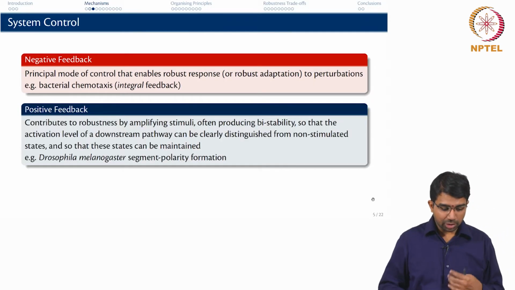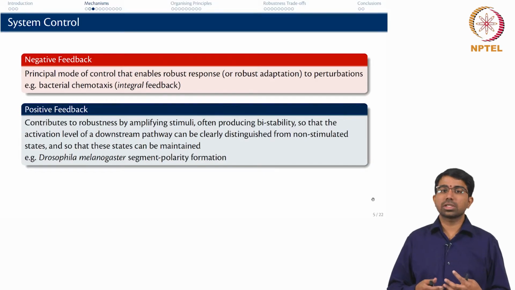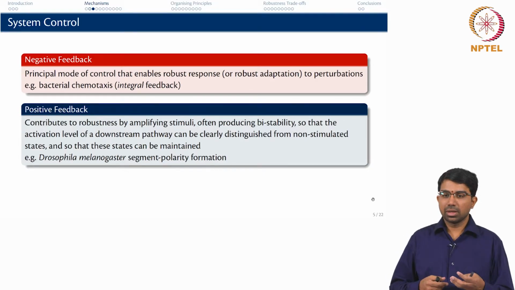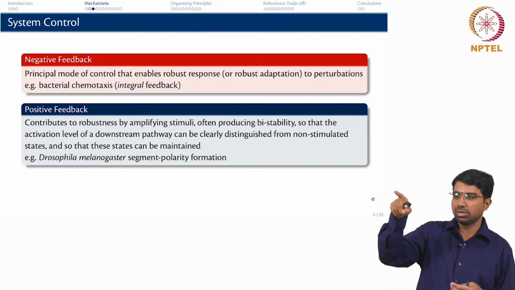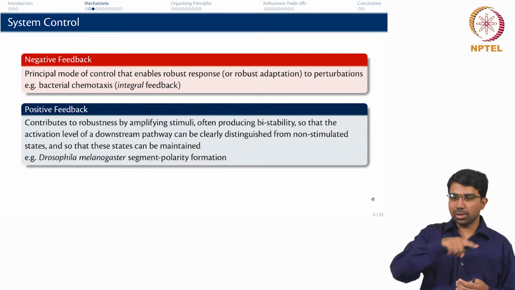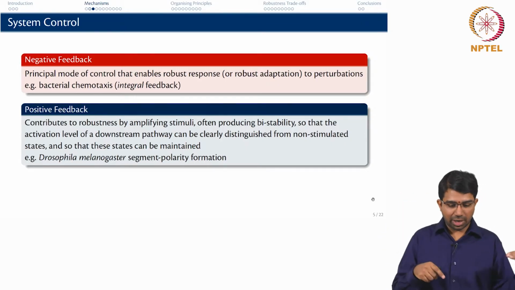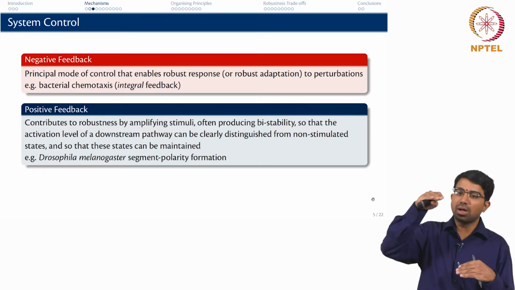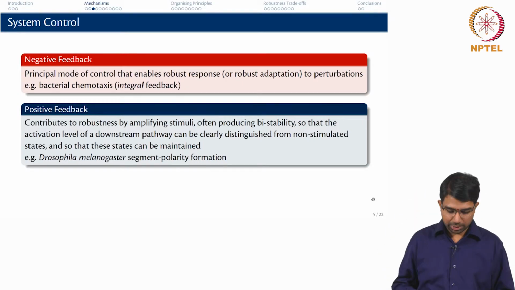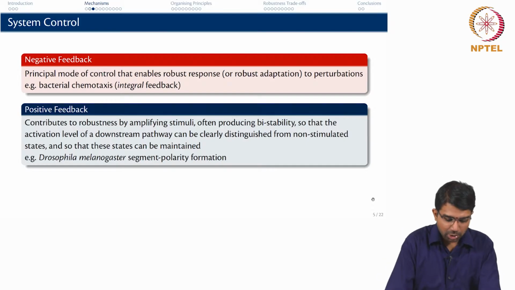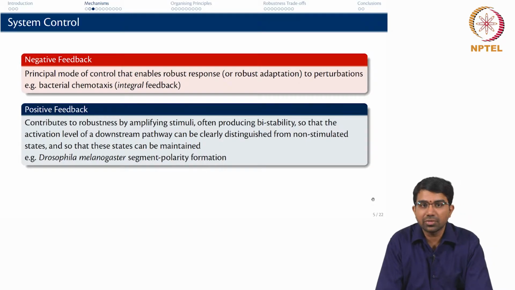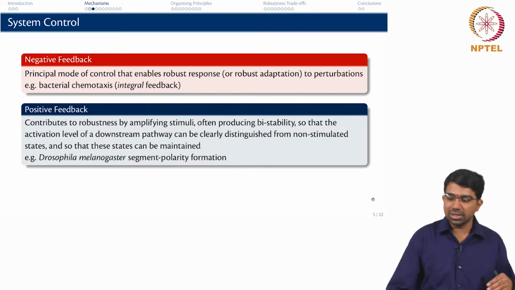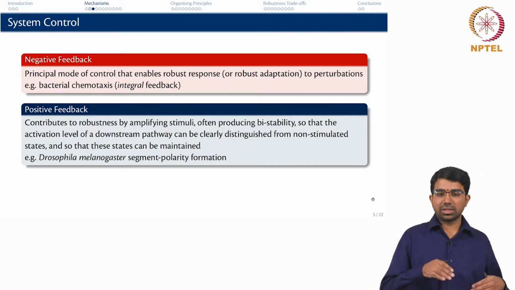You can also have positive feedback, which contributes to robustness by amplifying stimuli, right, and typically positive feedback will give rise to a sigmoidal kind of function, or more ideally a step function, wherein you have a bistable system in which you are either at an off state or at another on state wherein you are stable, right. So, this contributes to robustness by amplifying stimuli, often having bistability, so that the activation level of a downstream pathway can be clearly distinguished from non-stimulated states, right.